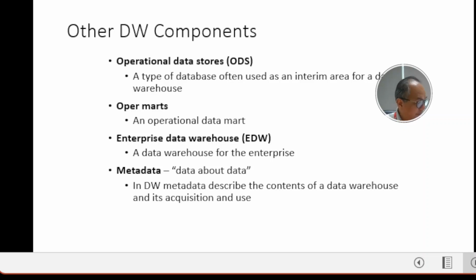And then we have the enterprise data warehouse, which is a data warehouse meant for the enterprise, and metadata, like I showed in the earlier slides just now. We have a repository for data, and we have metadata, which is data about data. It describes the content of the data warehouse, the date and time of acquisition, and so on about the data.